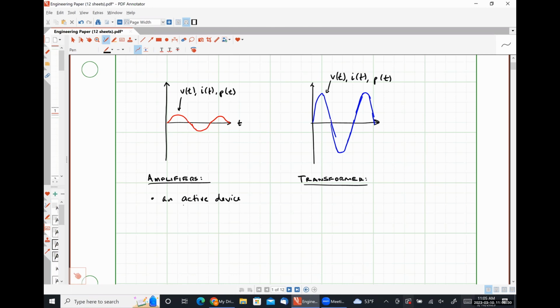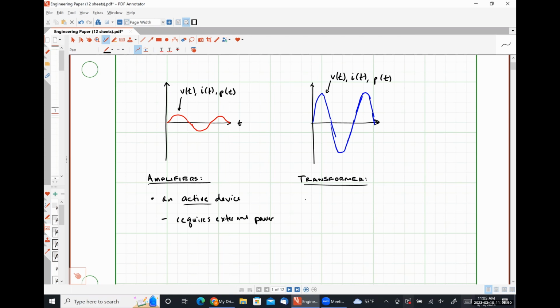So an active device means that it requires external power, meaning we have to supply some amount of energy in order to boost the level of our signal.